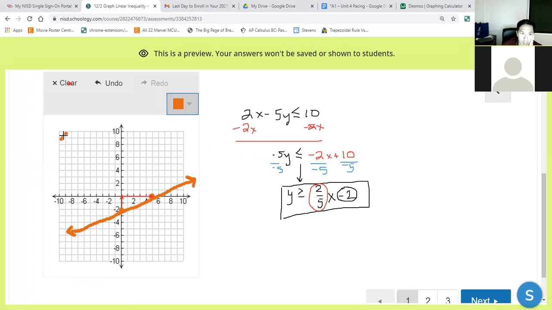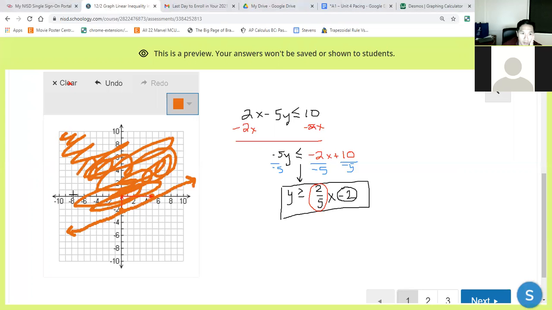And then I'm going to shade everything above the line here.